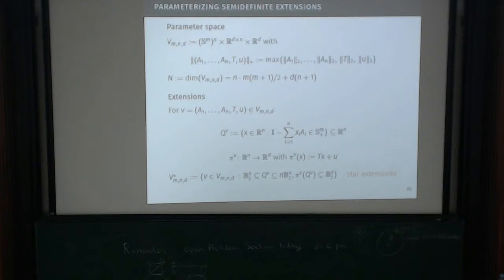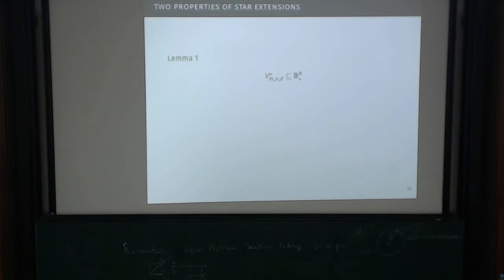And I promised that we can represent every 0-1 polytope after scaling it by a vector V that has norm bounded by 1 according to this star norm. What we will actually see is that we can represent it by a vector in V star, and what's easy to see is that V star is contained in the unit ball.